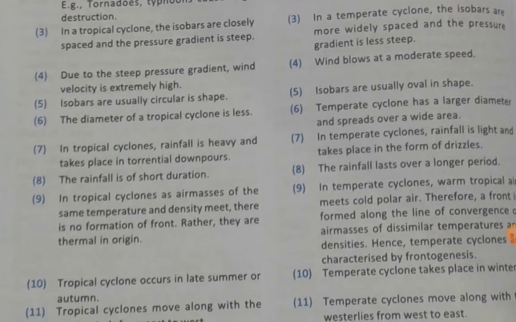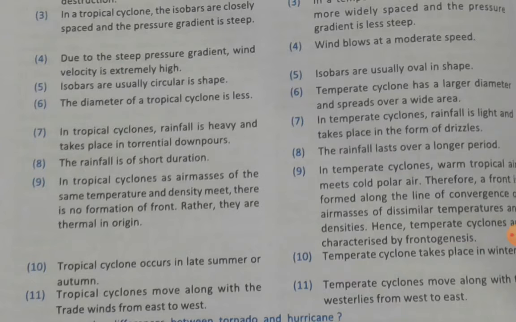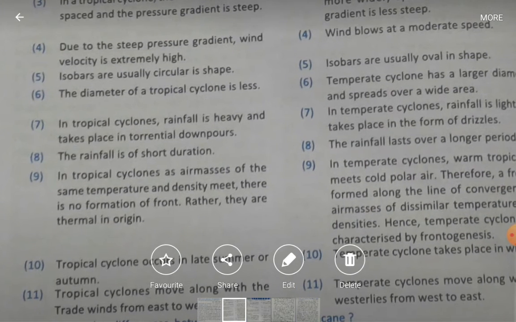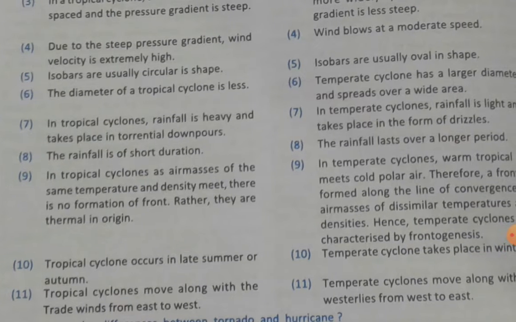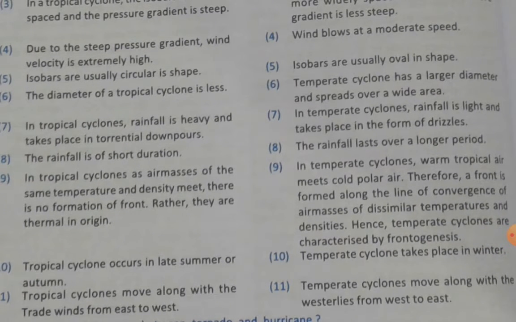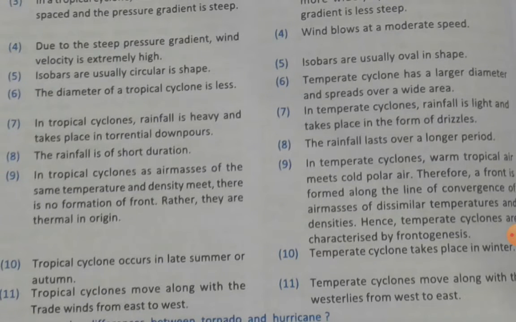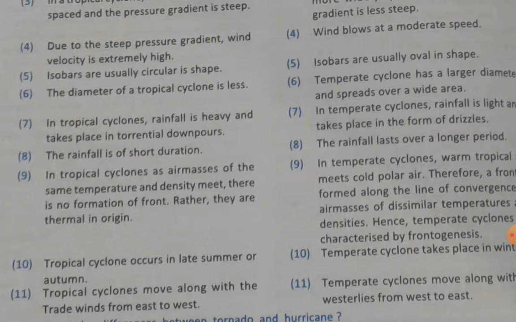In the tropical cyclone, rainfall is heavy and takes place in torrential downpour. In temperate cyclone, rainfall is light and takes place in the form of drizzles. The rain is of short duration. The rain is over a long period.